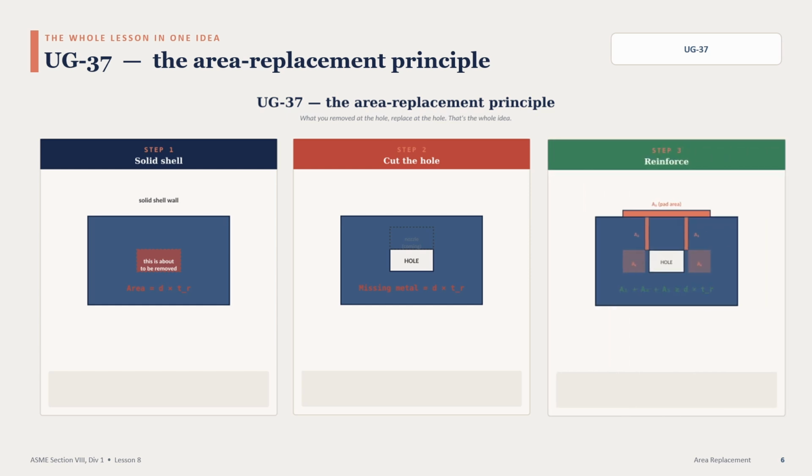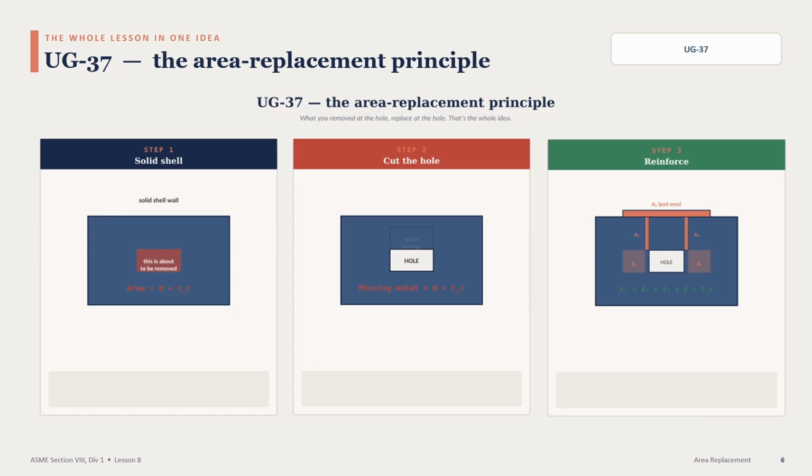This is UG-37. We add back the area we removed in the form of extra metal around the hole: extra shell thickness, that's A1, extra nozzle wall thickness, that's A2, and often a reinforcement pad welded around the nozzle, that's A5.